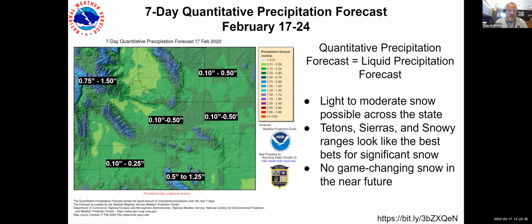There is likely to be occasional intrusions of Arctic air the models cannot pick up that may bring brief periods of precipitation to the state. However, such precipitation should be consistent with seasonal norms. For the next 7 days, the Tetons, Sierra, and Snowies look to be the most likely places for significant precipitation. However, no game-changing snows are expected in the foreseeable future. Next slide.